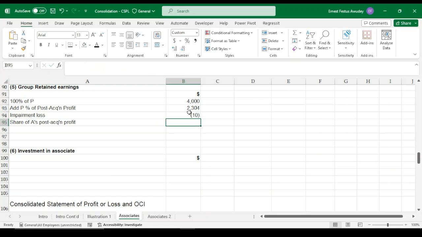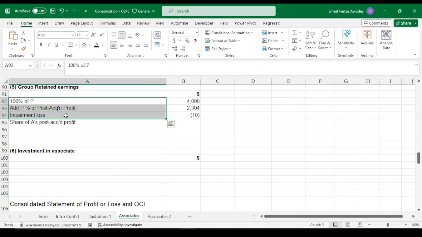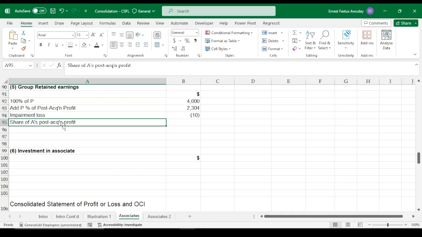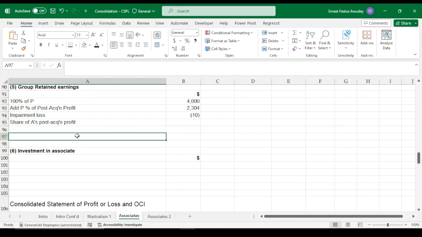So this is new. What we are saying is that after you have done what is normally done under the group retained earnings, if there is an associate, you are going to have the share of the associate's profit here as well as the associate's impairment, if there is any, and then any associate's provision for unrealized profits on inventory. That is what we are saying here.